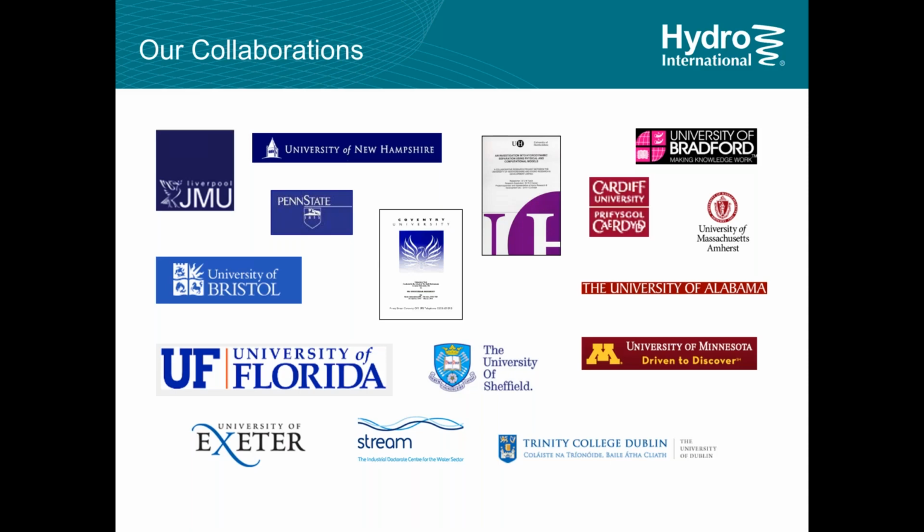We're very proud of our collaborations with universities around the world. And these relationships are sort of a two-way street. Sometimes we're taking intellectual property that's been developed at a university and commercializing it ourselves, or we're taking products that have been developed at Hydro and giving them to universities for sort of a third-party independent testing.